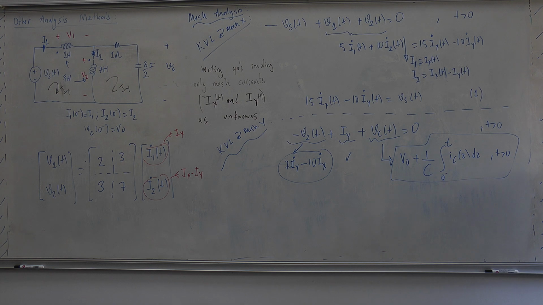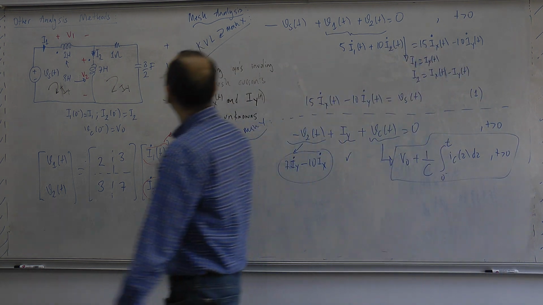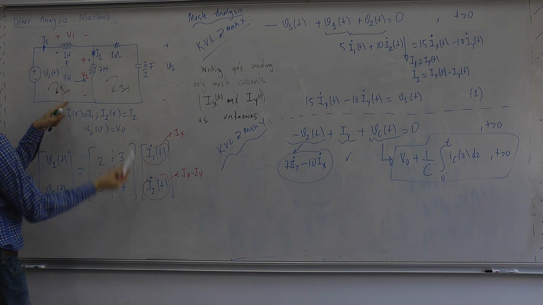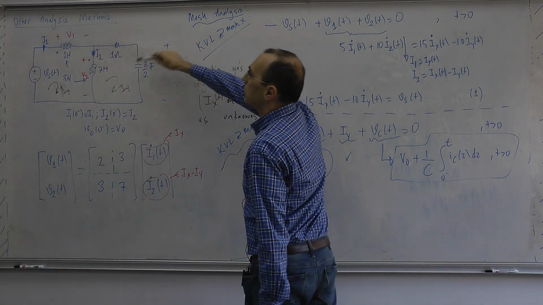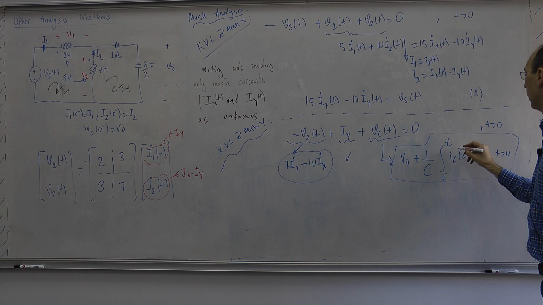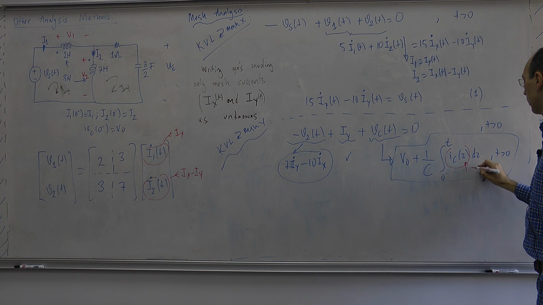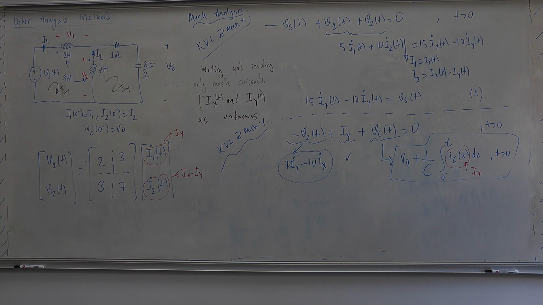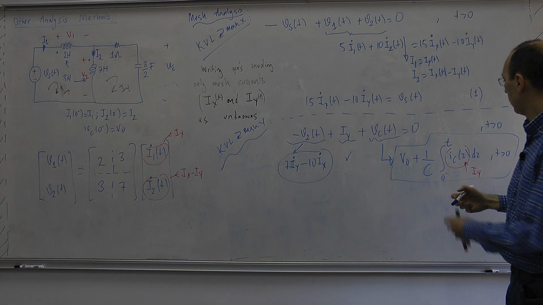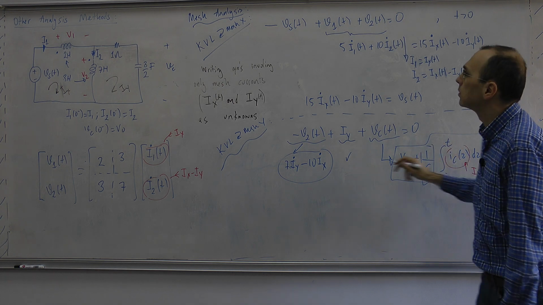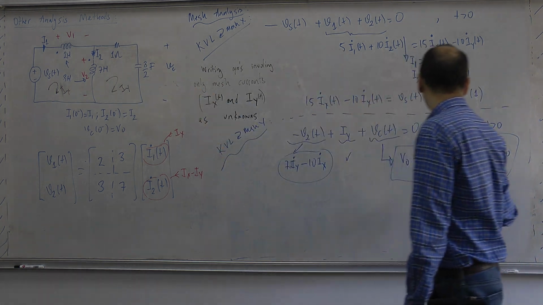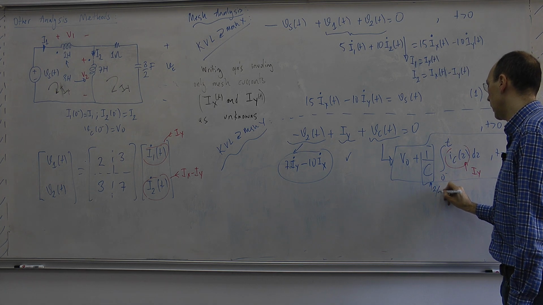Here you see IC, but I don't want to see IC. I want to use either Ix or Iy. But I see it as simply Iy. So in this equation, 1 over c is 2 over 3.